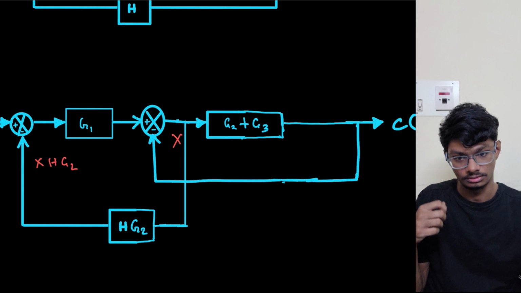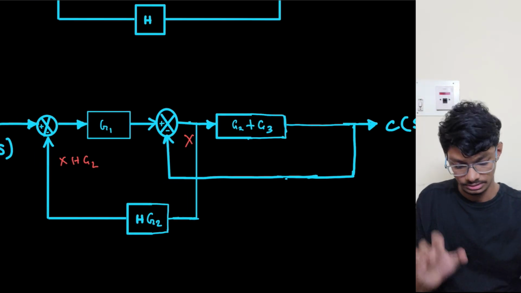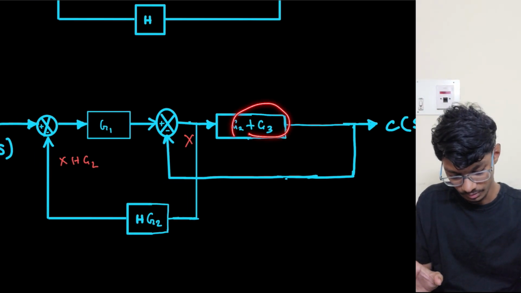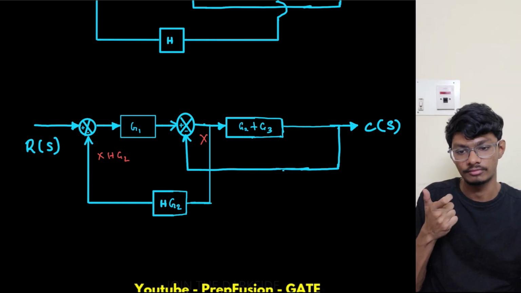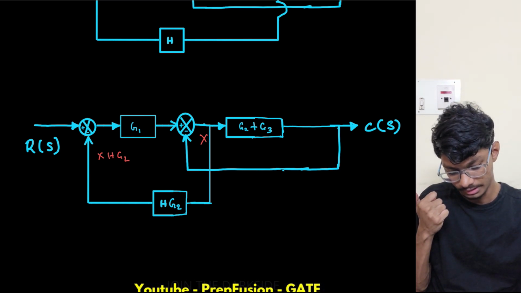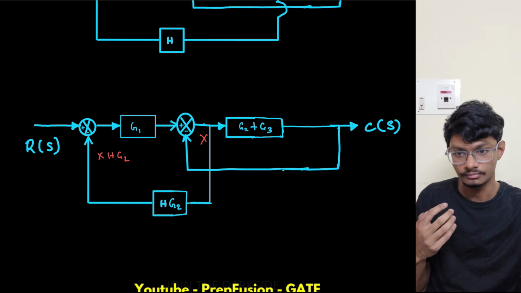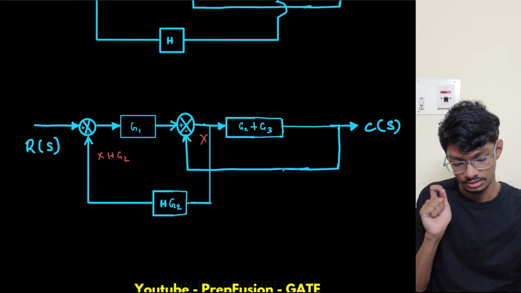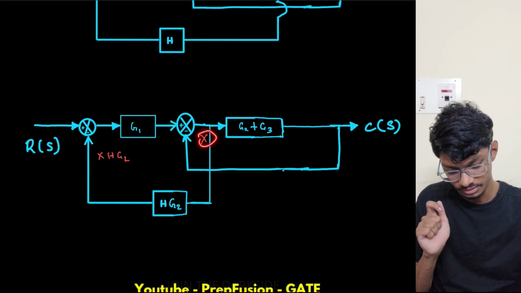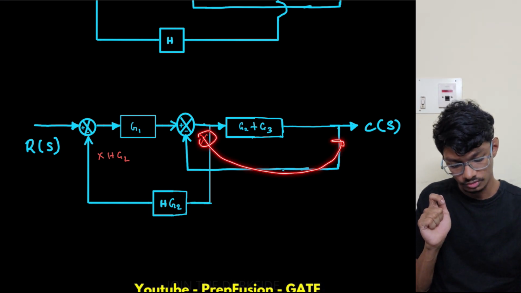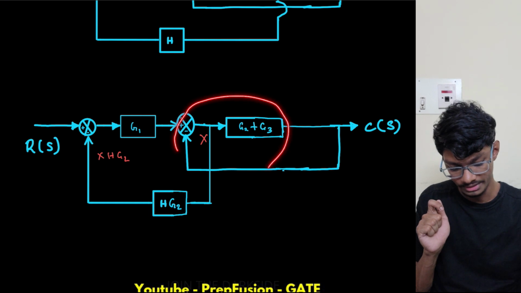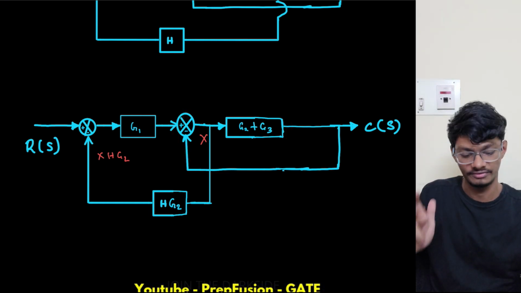Now what I can observe here is this becomes simple addition. Okay, now what I have to do is reduce this further. So how will I reduce this? Now what I can do is again move this point to here, so that I can replace this whole combination with a negative unity feedback, right?